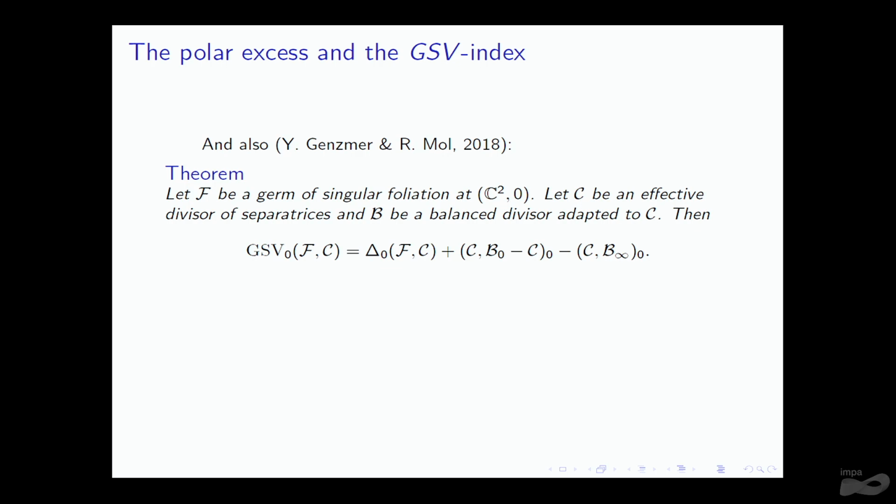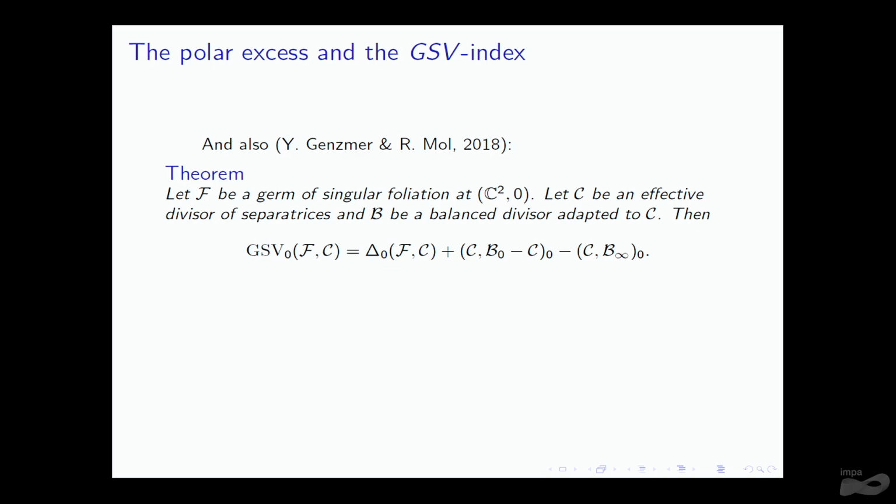If I have an effective divisor of separatrices and B a balanced divisor adapted to this effective divisor, this means that this effective divisor is contained in B0, then the GSV with respect to C equals delta with respect to C, plus this intersection of C, B0 minus C with the divisor of poles of B. So this term explains why the GSV can be negative in the critical case.